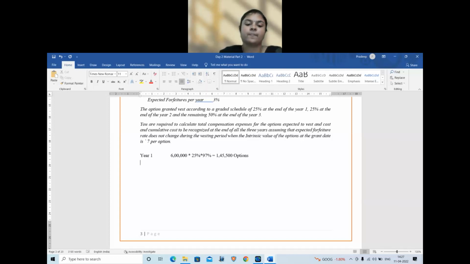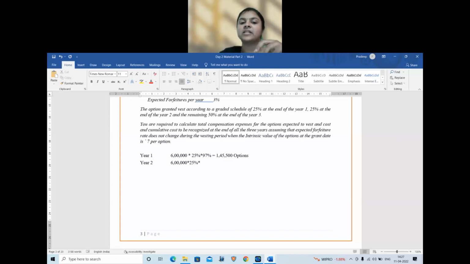1,45,500 options. Year 2. Out of the 6 lakhs, another 25% is getting vested. Remember, already the 1,45,500 options are open.